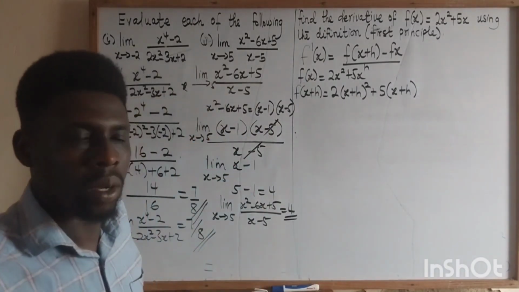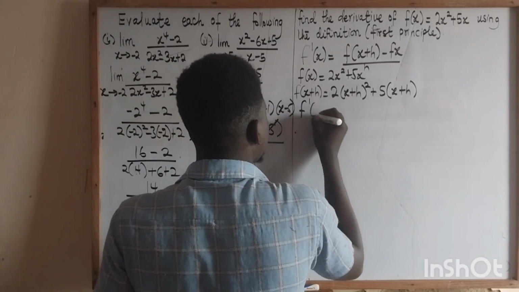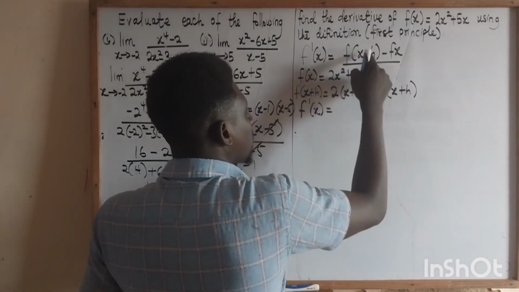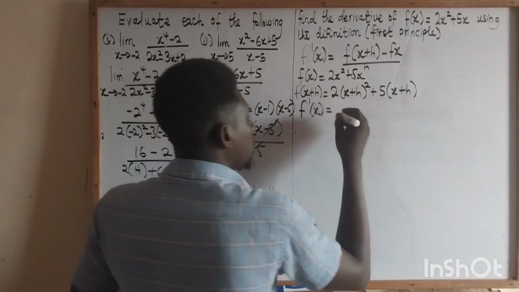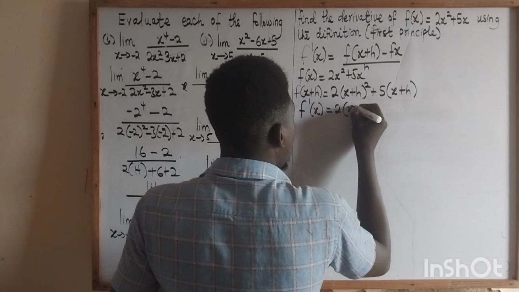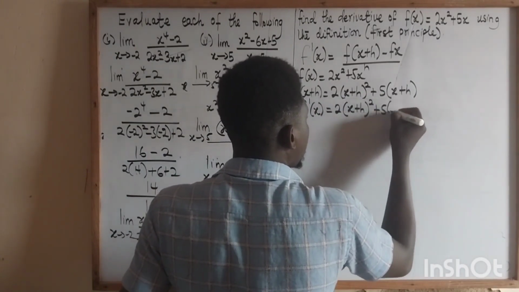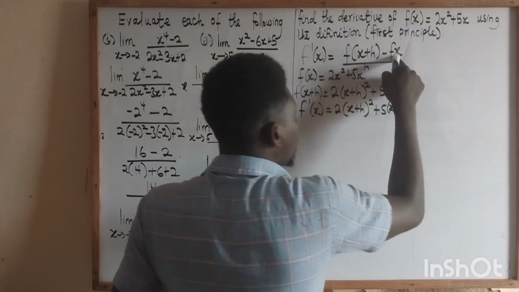Good. Now we can put in our new expressions. So f of x plus h is given as this, and we have 2 times x plus h squared plus 5 times x plus h minus f of x.